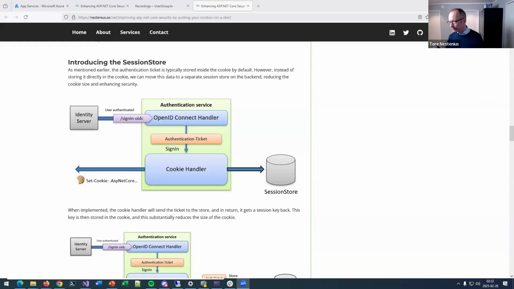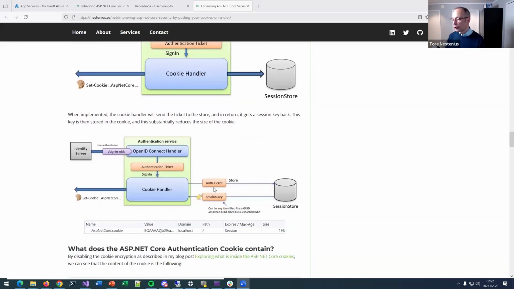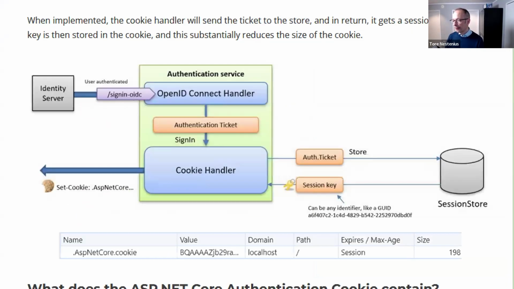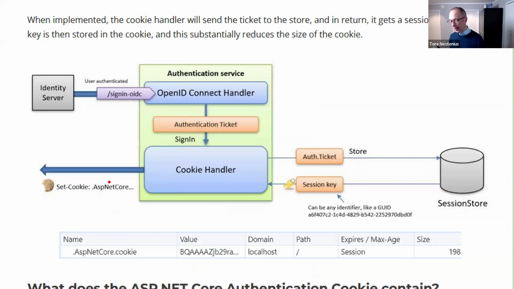Okay, so the basic idea is to add a session store to the cookie handler. And what does that do? Basically, you have a database, in memory or in a SQL database already. So somewhere you want to store the authentication ticket, not inside the cookie.